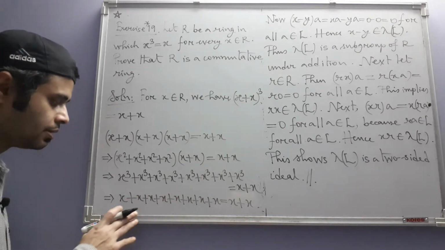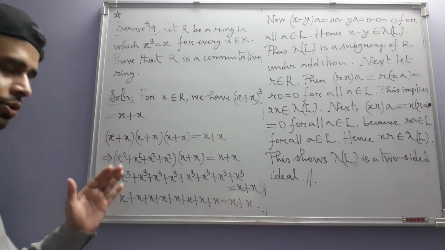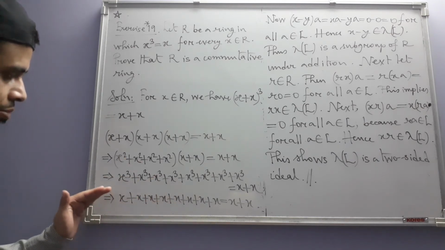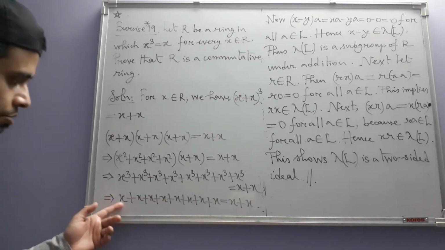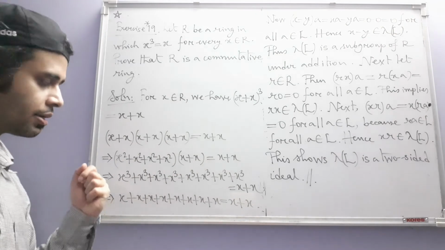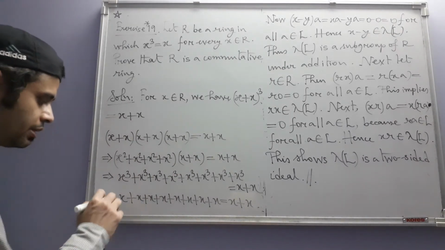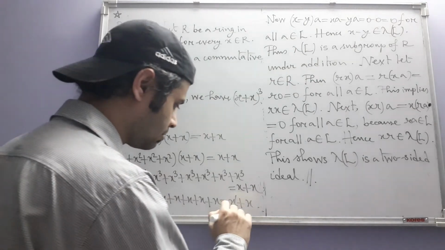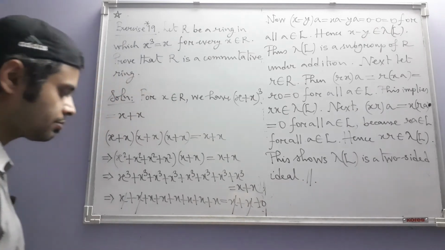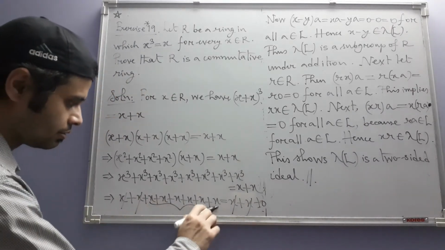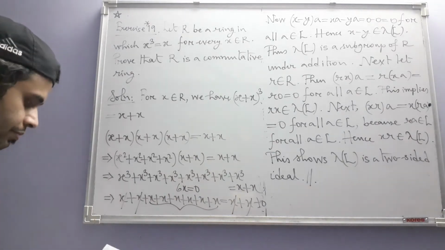Because why? You have to keep in mind that before doing anything you have to be sure why what you are doing is actually justified. Since we are in an abelian group, and in a group cancellation laws are available, that's why we can do it. We can cancel, say, this from both sides. So assuming of course there is 0, that gives us what? 6x is equal to 0.